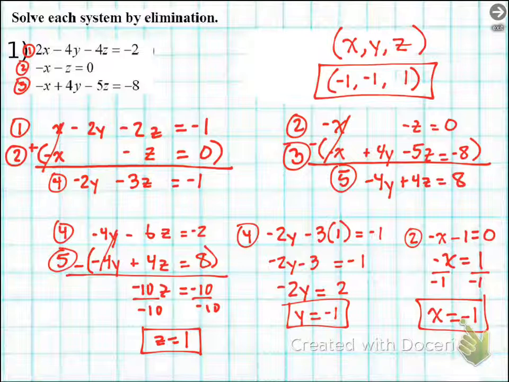And then I went back to equation 2 and substituted z and y, which are 1 and -1, and I figured out x is equal to -1. So this is my final answer. I wrote it as x, y, and z. Question? Yes.